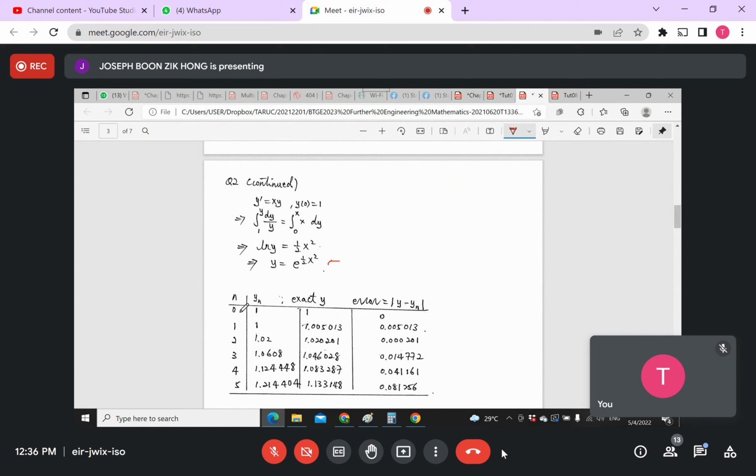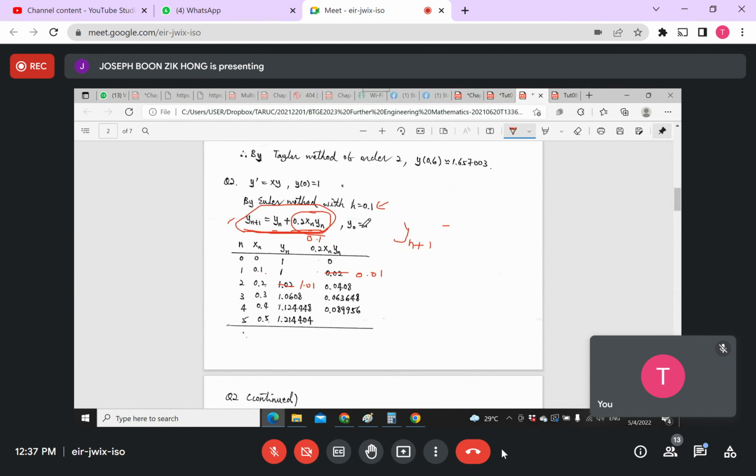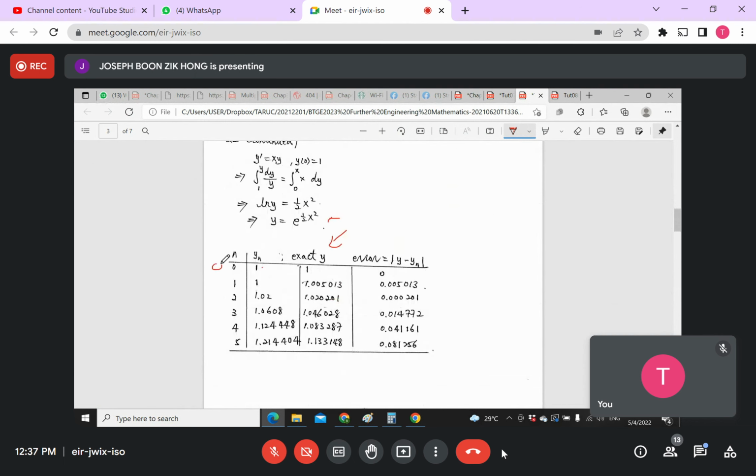This one is called exact. That means I want to find this one, so I put in my x, starting with 0, and the difference is 0.1. So x is 0, 0.1, 0.2, 0.3 and so on.